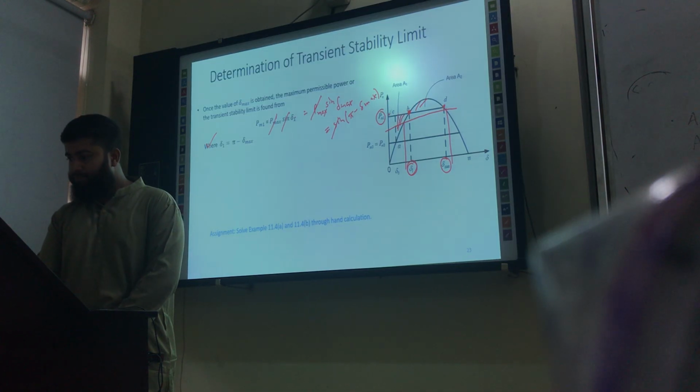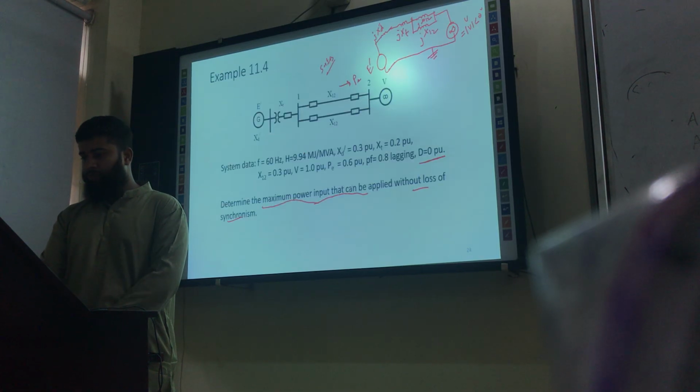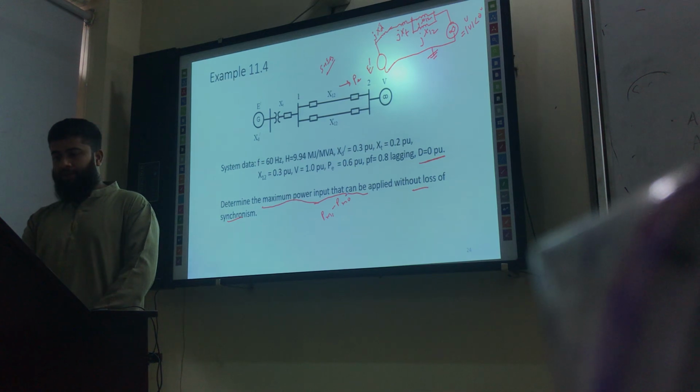Because the maximum input power that we can apply from PM0 to PM1 without loss of synchronism is actually the transient stability limit. That means here we have to calculate PM1 minus PM0. This limit we have to calculate.